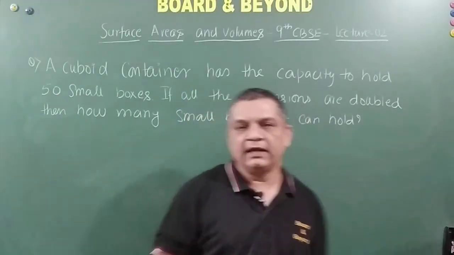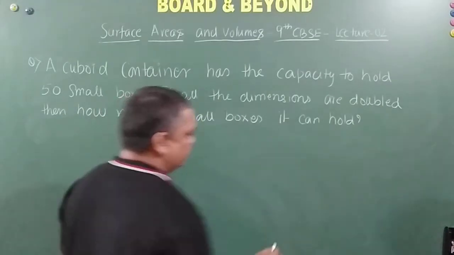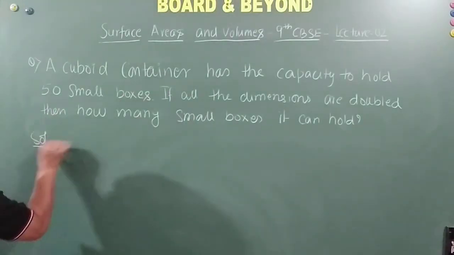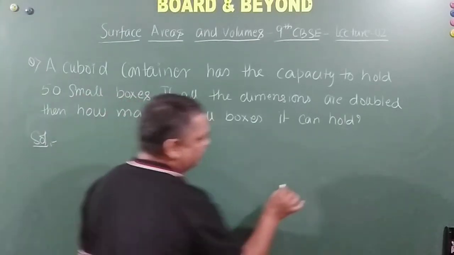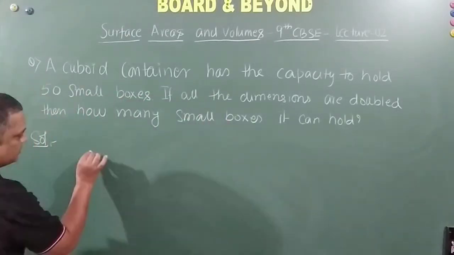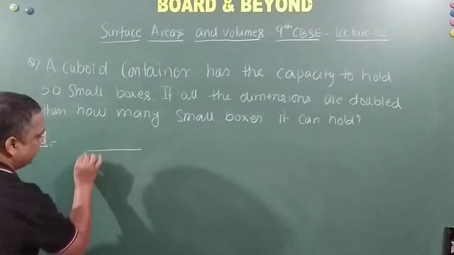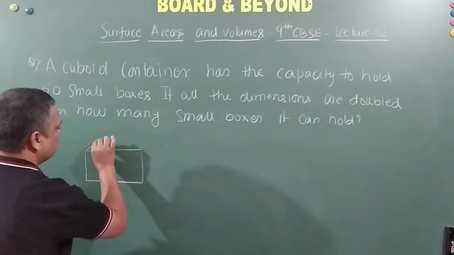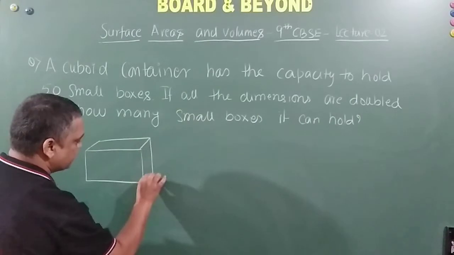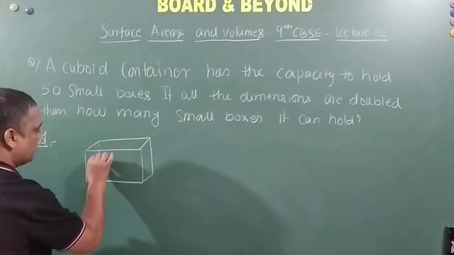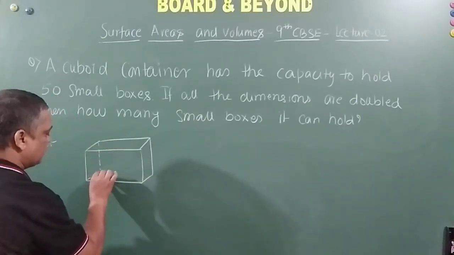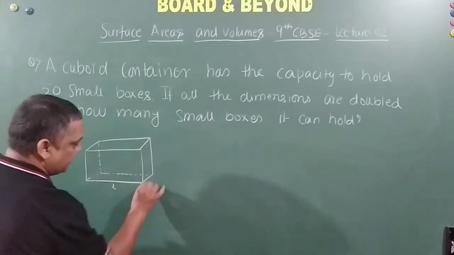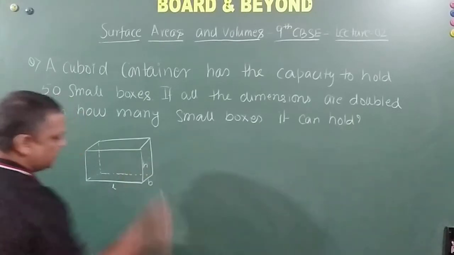So let us say I'll draw the figure here, okay? So let's try to solve it. Solution. I will draw the figure here. Cuboid box, right? So this is the cuboid box. So this is L, this is B, this is H, right?